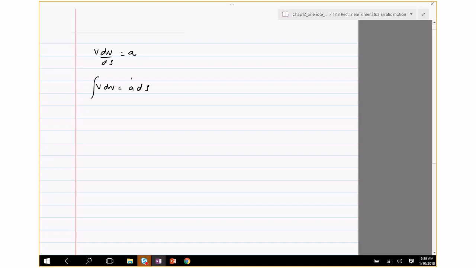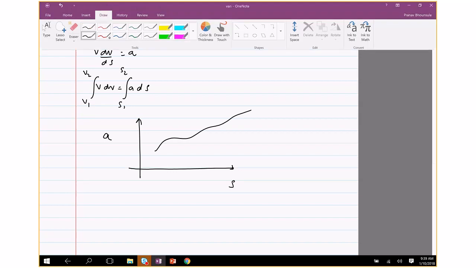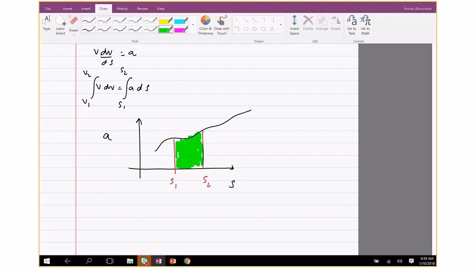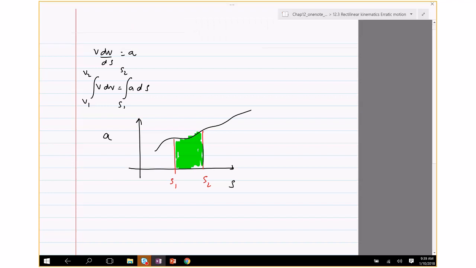If you take the integral of this from v1 to v2, s1 to s2, the way to interpret this is, if you look at the acceleration versus displacement plot, some weird curve, then s1, s2, this thing here is the integral from s1 to s2 of a ds.